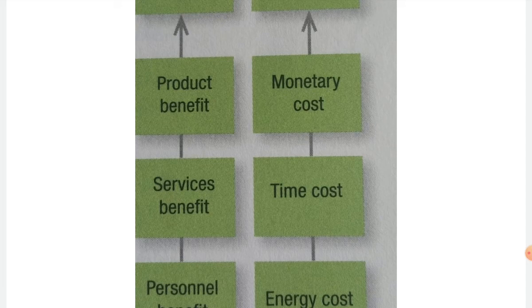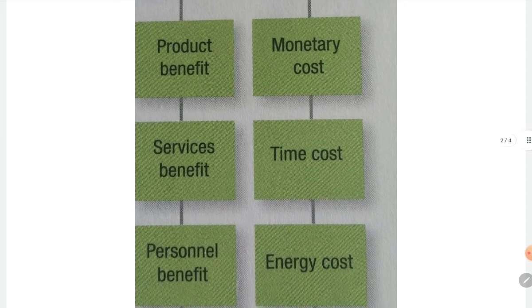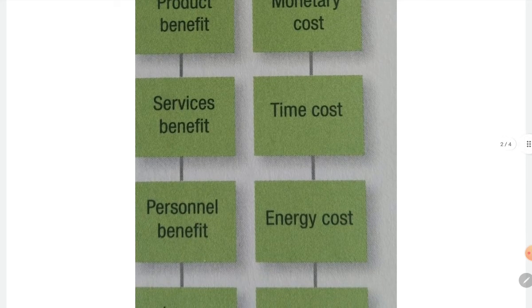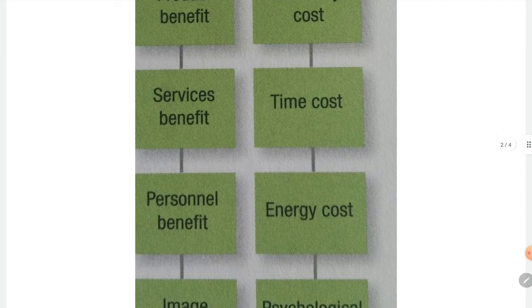If I am participating in a contest, then those services are available. So service related benefit will be there, and then personnel benefit will be there, where it is going to help me in reducing my HR cost.